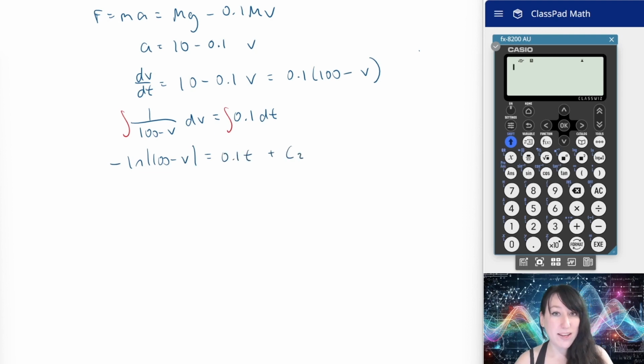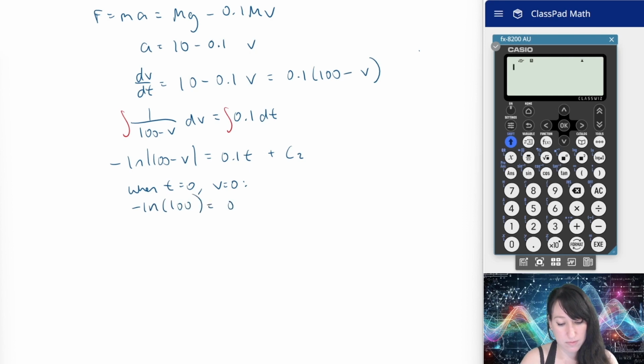Now we do know that v is less than 100, so then we can drop those absolute values. And we know that when t is 0, v is 0 because we are starting at rest after we've hit the maximum height on the upward journey. So we have minus ln 100 minus v equals 0.1t minus ln of 100.